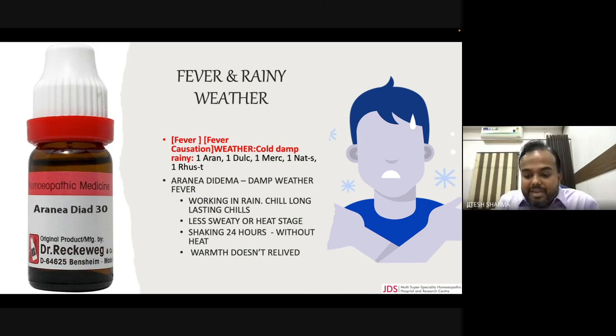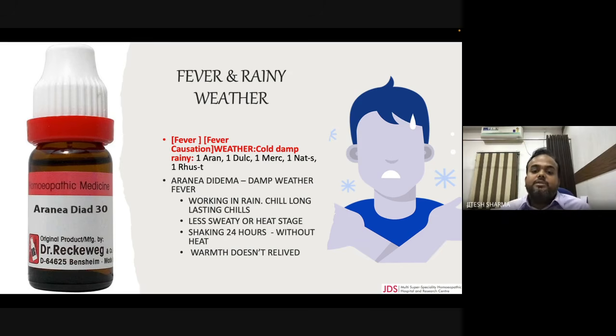Yet, if you make him sit near the fire, he'll not feel better at all because he has so much chill. So the workers who are working in rain get so much chill after that. It is written: long-lasting chills, and they are less sweaty. They are shaking 24 hours without heat.